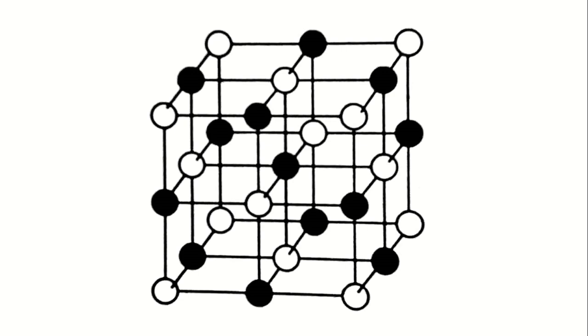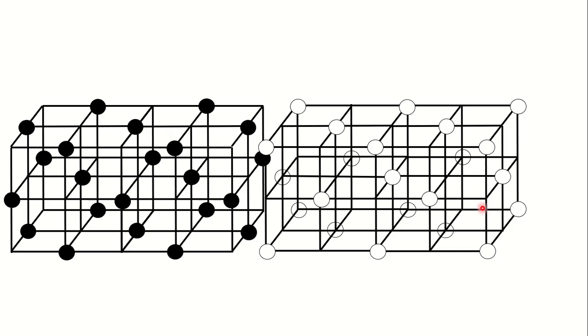Now I would show you. This is the structure of sodium chloride, where these black spots, shown by this blinking arrow, are taken to be Na plus, and the white spheres are the Cl minus. Now how do they interpenetrate with each other? Look, this is the FCC lattice formed by the chloride ions, and this is the FCC lattice formed by the sodium ions.